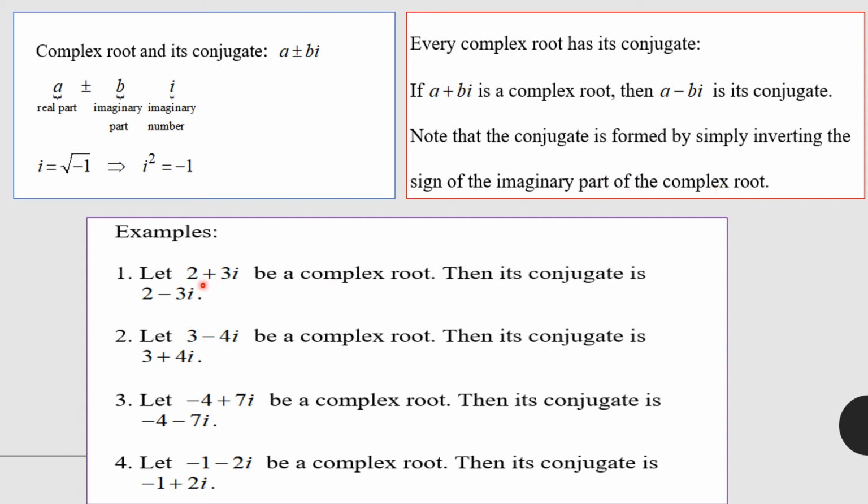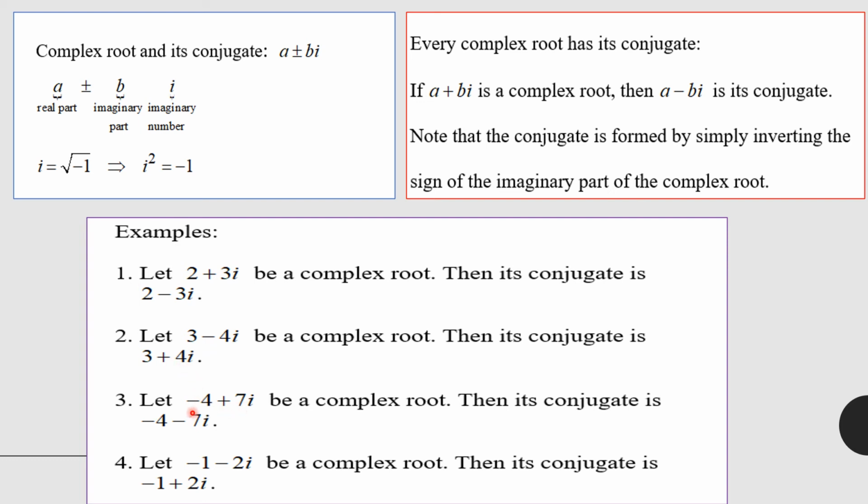For example, if 2 plus 3i is a complex root, then to get its conjugate, you simply change the sign of the imaginary part. So 2 minus 3i will be the conjugate of 2 plus 3i. Another example, if 3 minus 4i is a complex root, then its conjugate will be 3 plus 4i. We just change the sign of the imaginary part to get its conjugate.